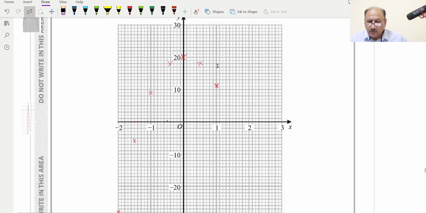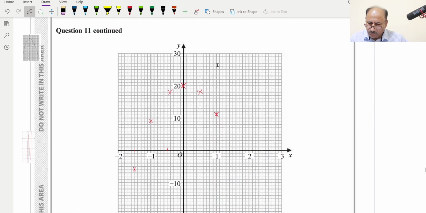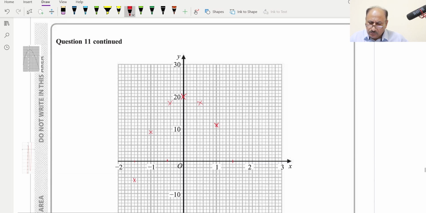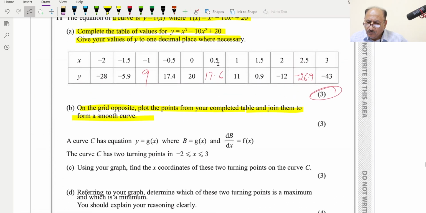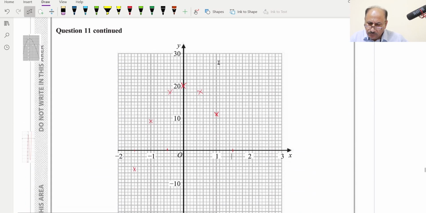So next after 1 it will be 1.5 and 0.9. 1.5, 1, 2, 3, 4, 5, and 0.9 will be over here. So 1.5 and 0.9 will be this one.